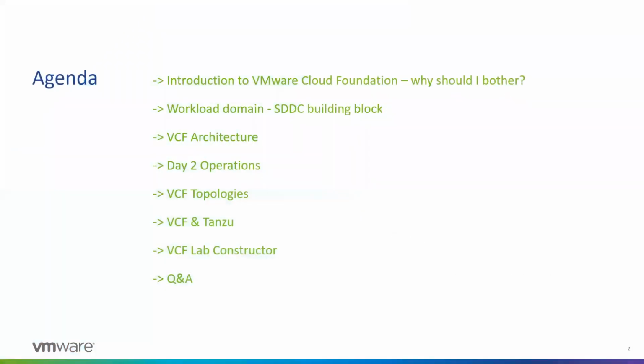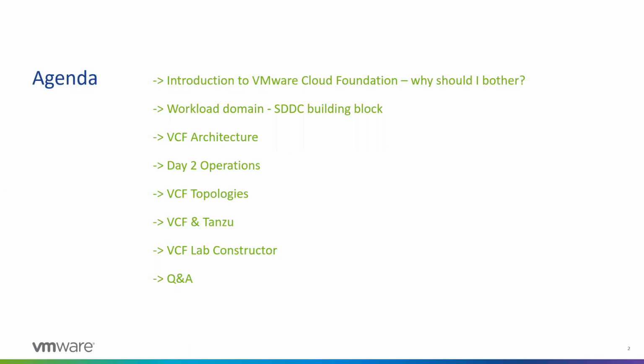Just to give you an idea of what we are going to talk about, my agenda is quite packed. First of all, I would start by explaining why we bother: how VCF can help us, how it can make my life better. So what are the use cases? Also a little bit about the architecture, day 2 operations, which is a huge use case for VCF, some topologies, and a few words about the lab.